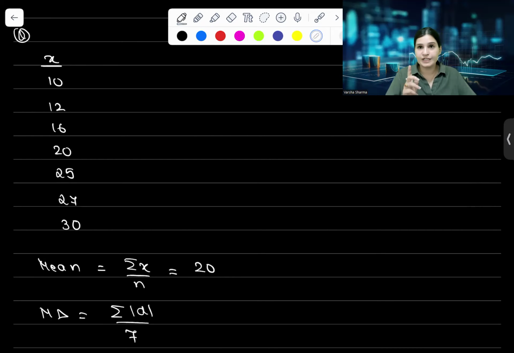I think you must have got 44 on your screen. Then divide by 7. What is mean deviation? 6.285. Yes?